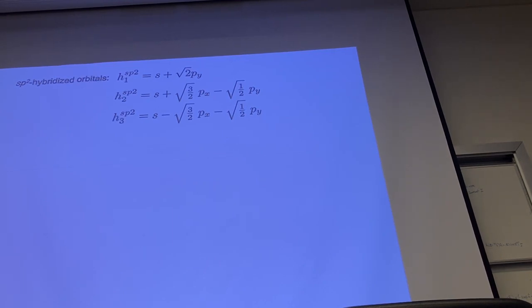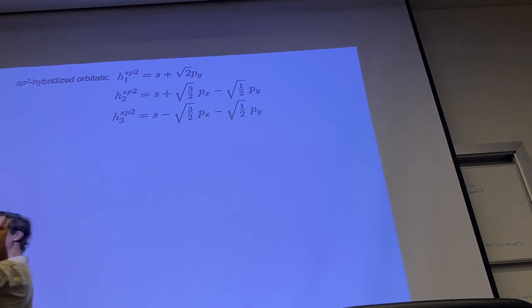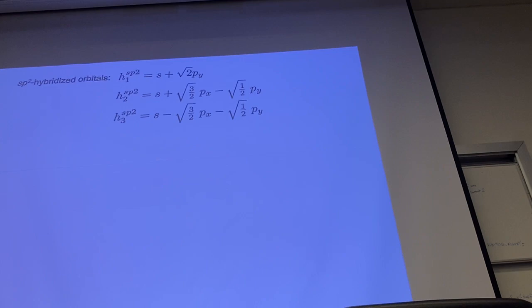These are 3 hybridized orbitals. I'm using 3 orbitals here, 1 s and 2 p's, so a total of 3 atomic orbitals. Unperturbed orbitals go in, 3 come out. I don't generate anything new, I just reorder things to fit the bonding pattern better. And these are the things that I get.